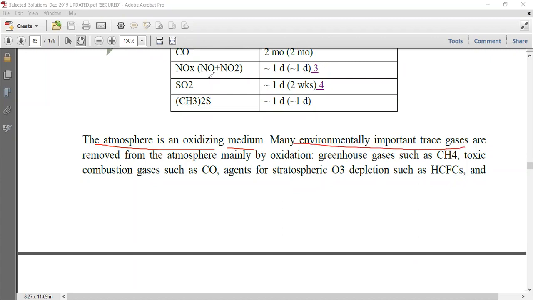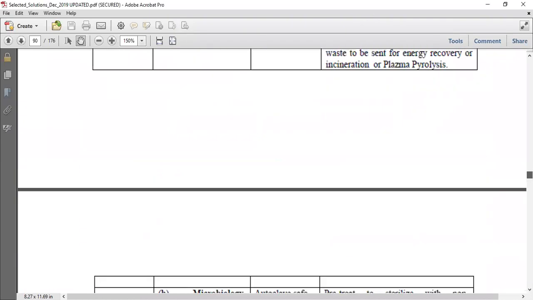So many environmentally important trace gases are removed from the atmosphere mainly by oxidation, and greenhouse gases such as methane, which is one of the options. Then CO can also be removed, methane can also be removed, and HCFC can also be removed. So these can be oxidized, right? These three are the gases which can be oxidized among the given ones.